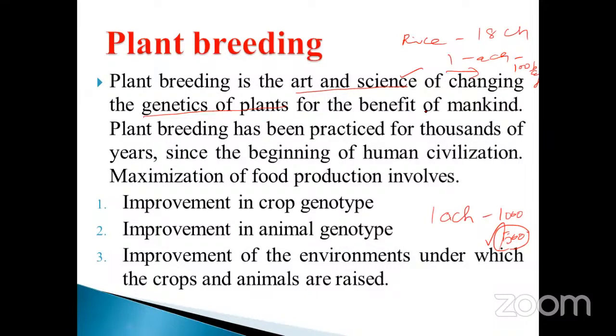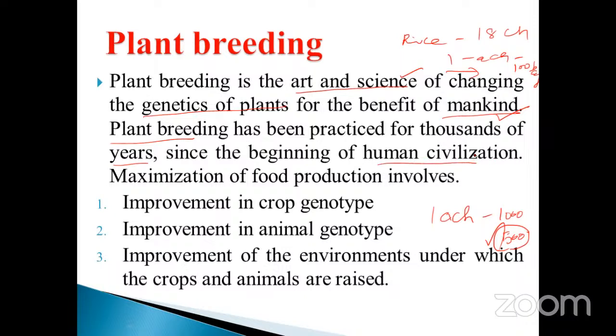Genetics of the plant for the benefit of mankind only, used for social purposes. Plant breeding has been practiced for thousands of years. That is very, very important. If you only take the first step, you will not succeed. It has been practiced for more than thousands of years, since the beginning of human civilization.